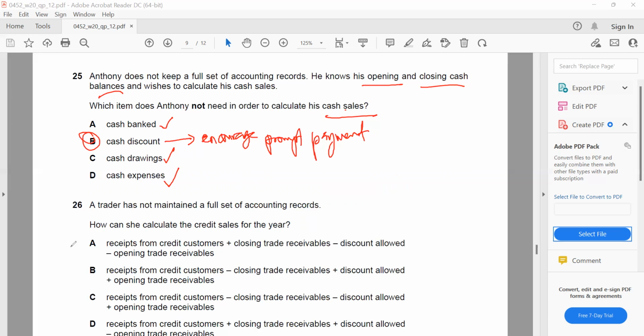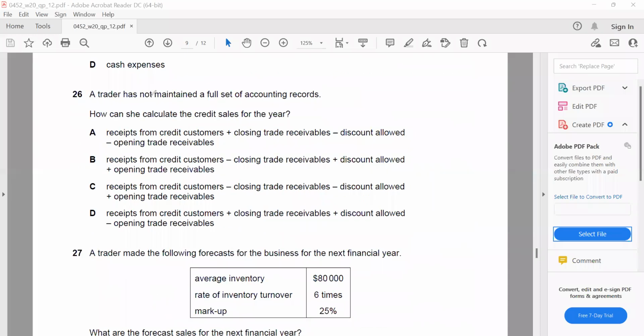Okay, question 26. A trader has not maintained a full set of accounting records. How can she calculate the credit sales? So we use the trade receivable, because credit sales.